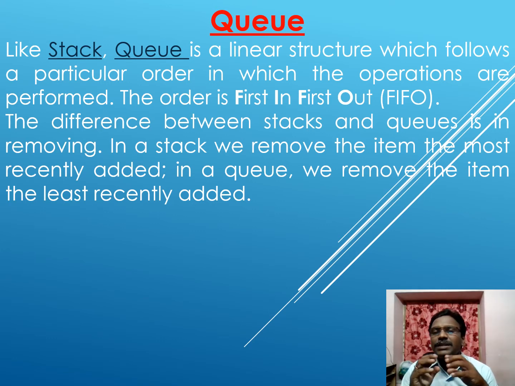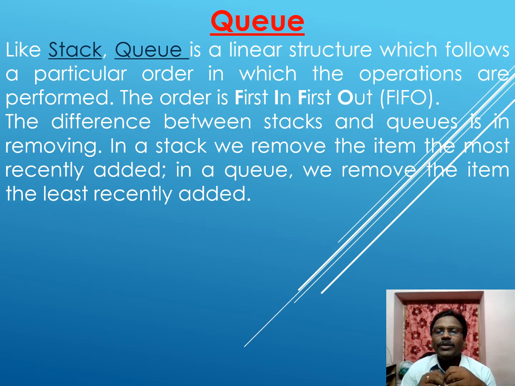The difference between the stack and the queue is in removing. In the stack, we remove the most recently added item, which means the top of the stack element is deleted. One more thing, the stack can perform operations at only one end.